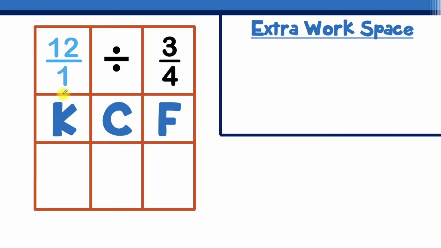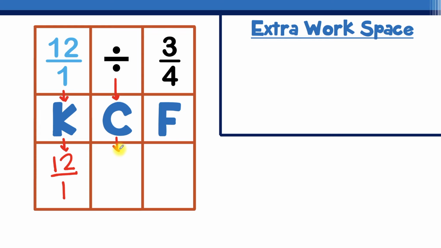So this 12 over 1 we're going to keep, which means in this box here, we'll just write 12 over 1. For this division symbol, we're going to take this division and change it to its opposite.